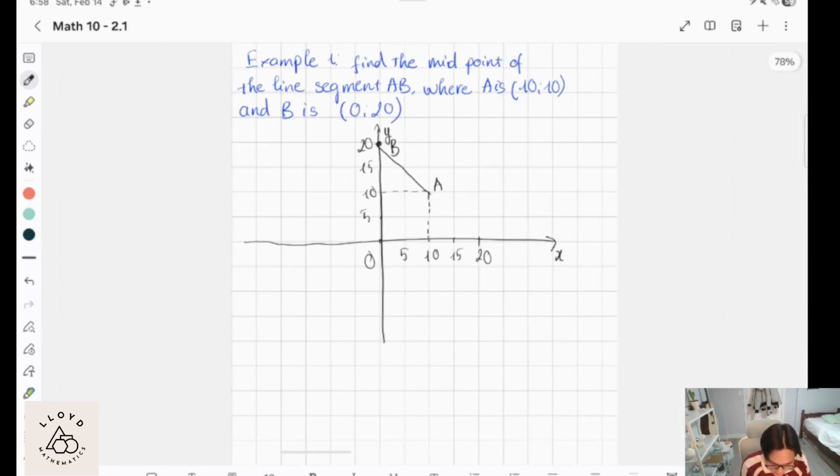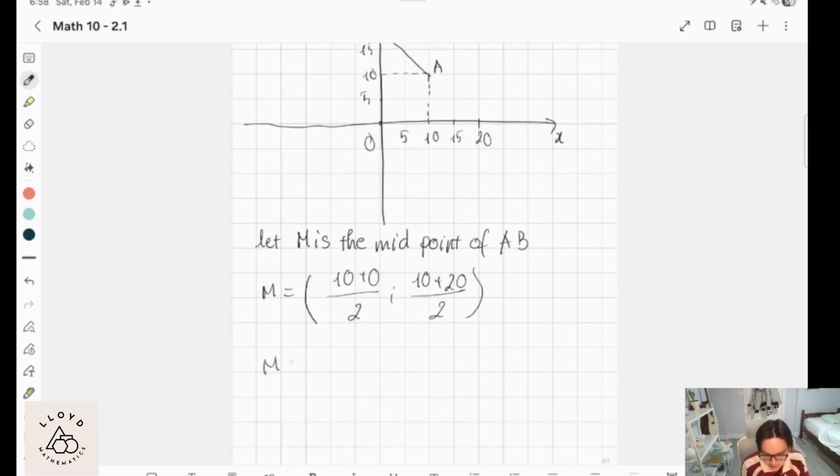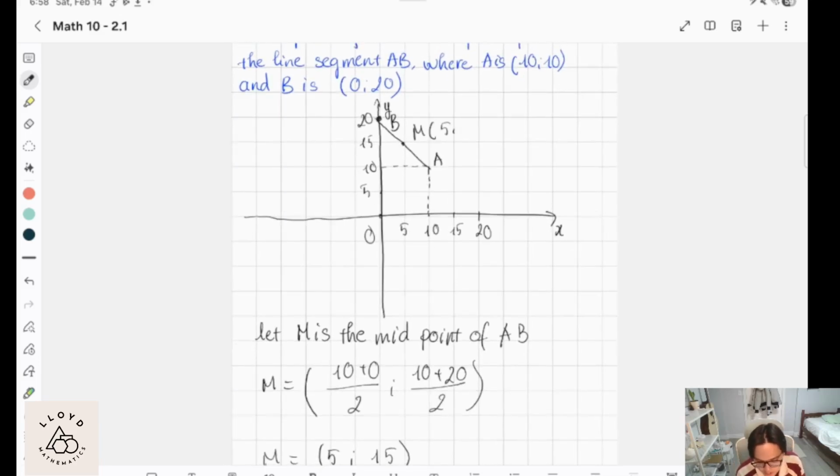So in this, let M be the midpoint of AB, and the coordinates of M are 10 plus 0 divided by 2, and the Y of that is 10 plus 20 divided by 2, which we can easily calculate is 5 and 15, right? So the point M here is 5 and 15.